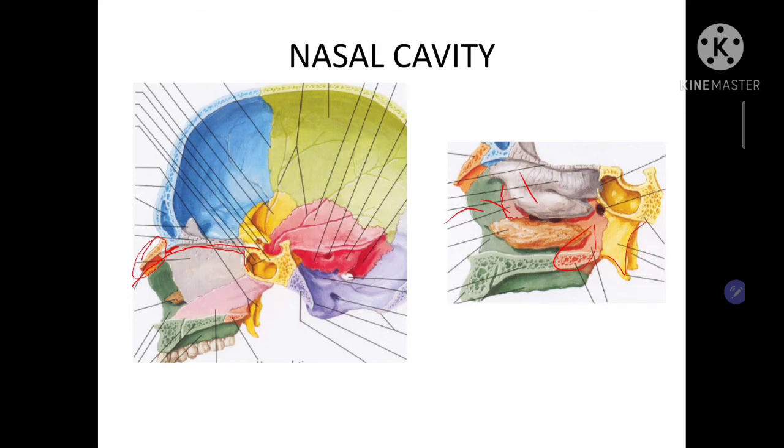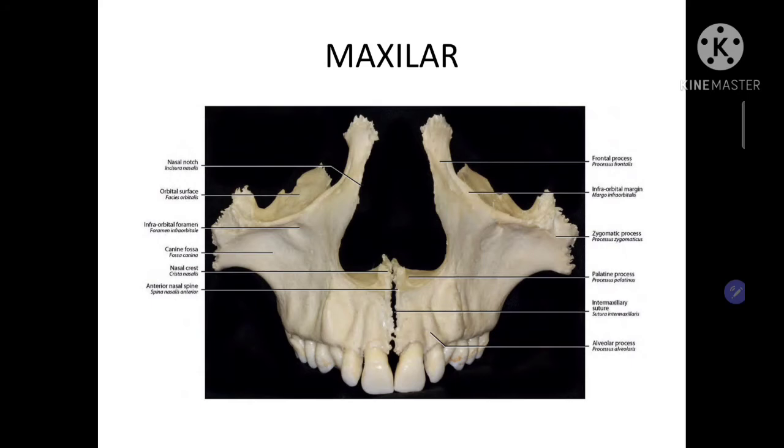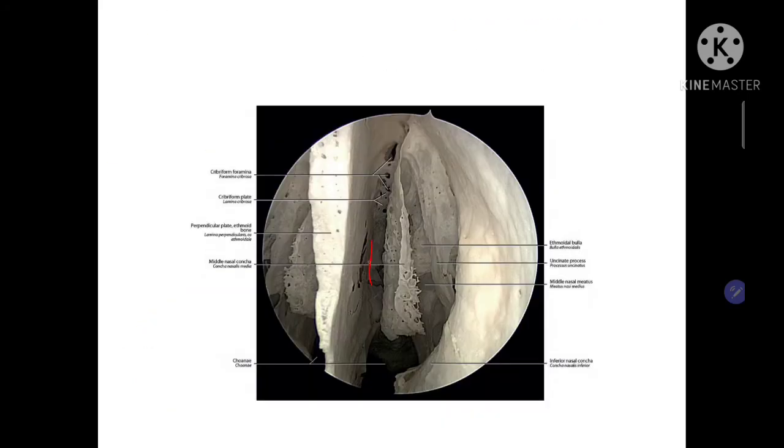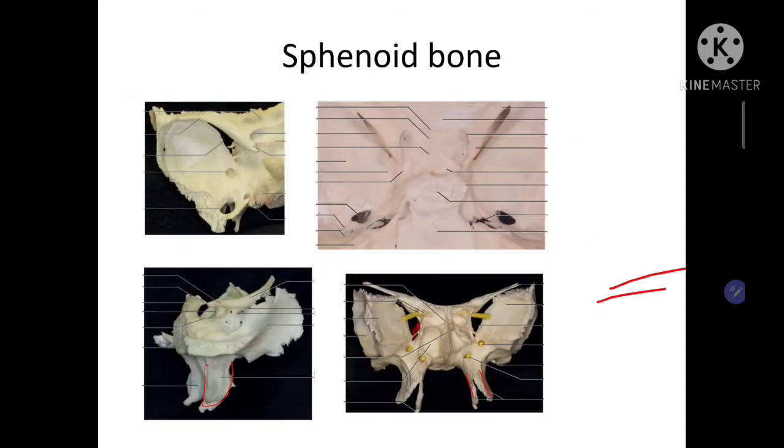And in the end, we have the body of the sphenoid. Let me show you the sphenoid here. You see, we're watching the superior wall, lamina cribrosa. Here you see the sphenoid. This is the anterior view of the sphenoid body here.